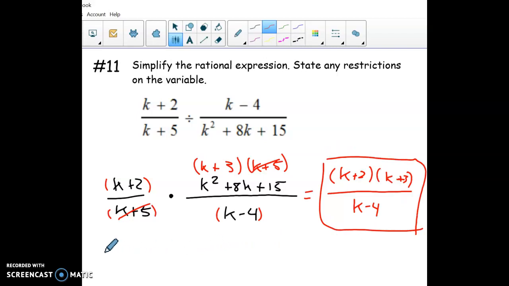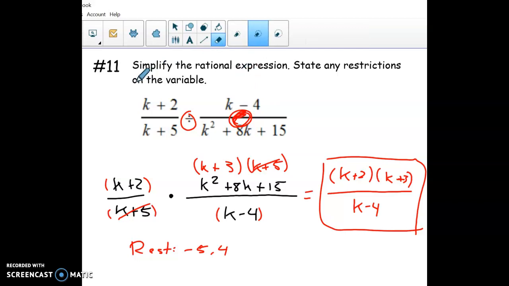If we wanted to do restrictions on a division one, restrictions are kind of tricky. So the restrictions are anything that creates divide by 0. So certainly we would have minus 5 from this one and 4 from that denominator. But what really happens is this whole thing is a division question too right here. So anything in the back that'll make a 0 will create a divide by 0.